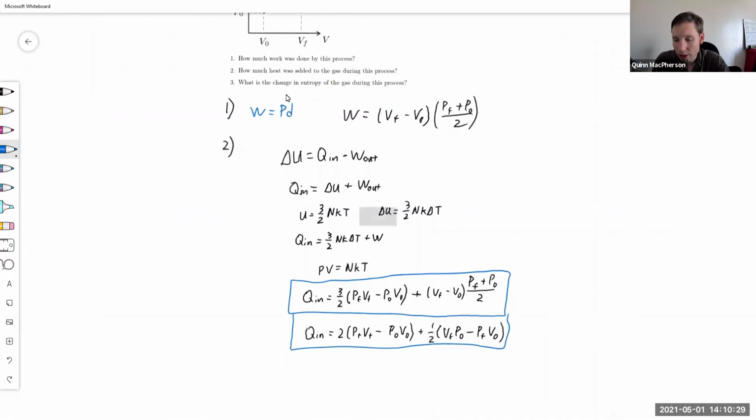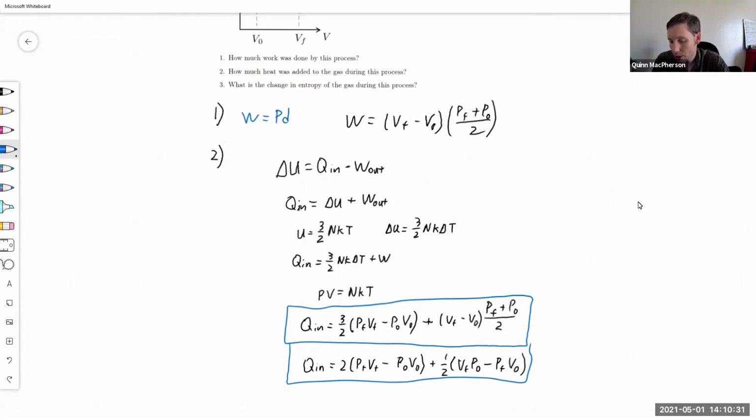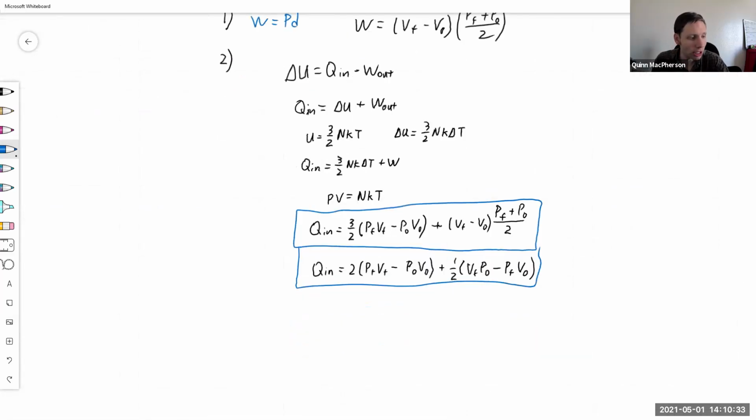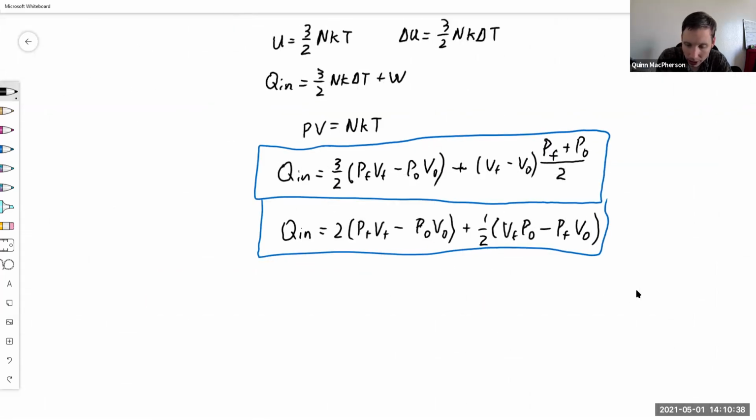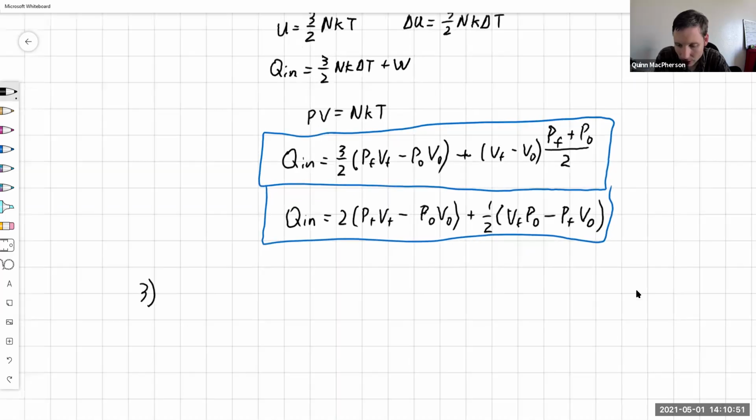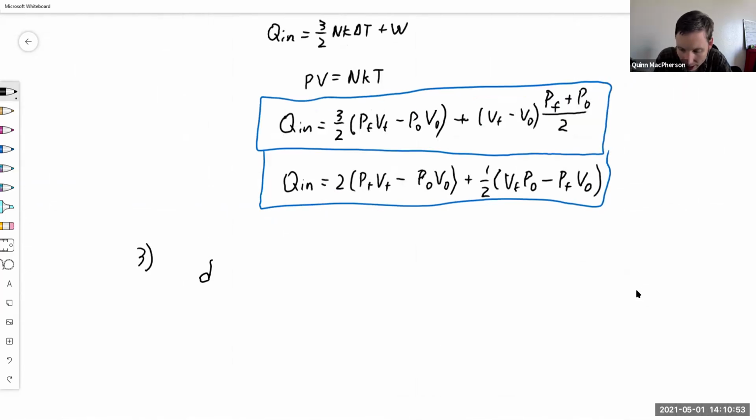The third thing it asks us for is change in entropy. So entropy is a little bit more tricky because if we remember what entropy is, delta S, well, let's actually write it as dS. dS is equal to dQ, the heat, over the temperature.